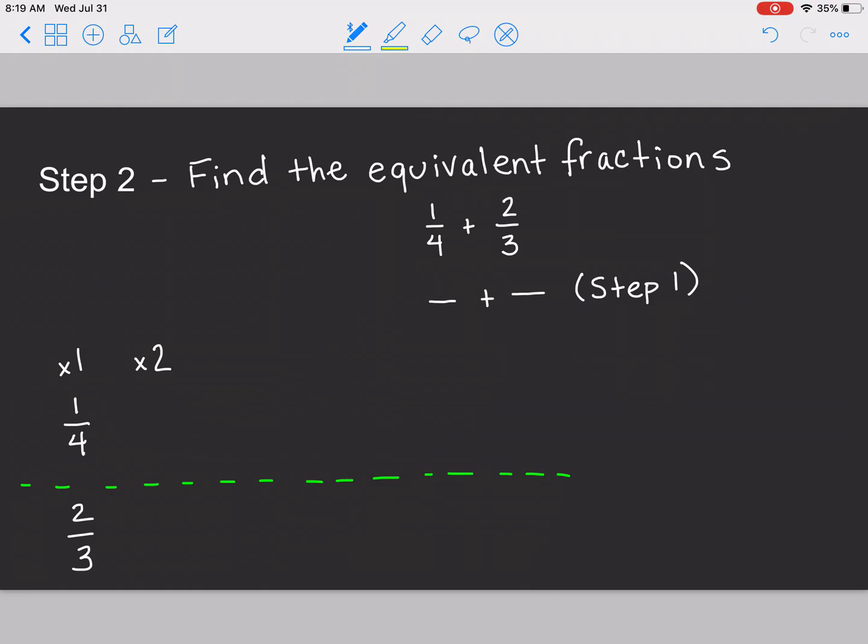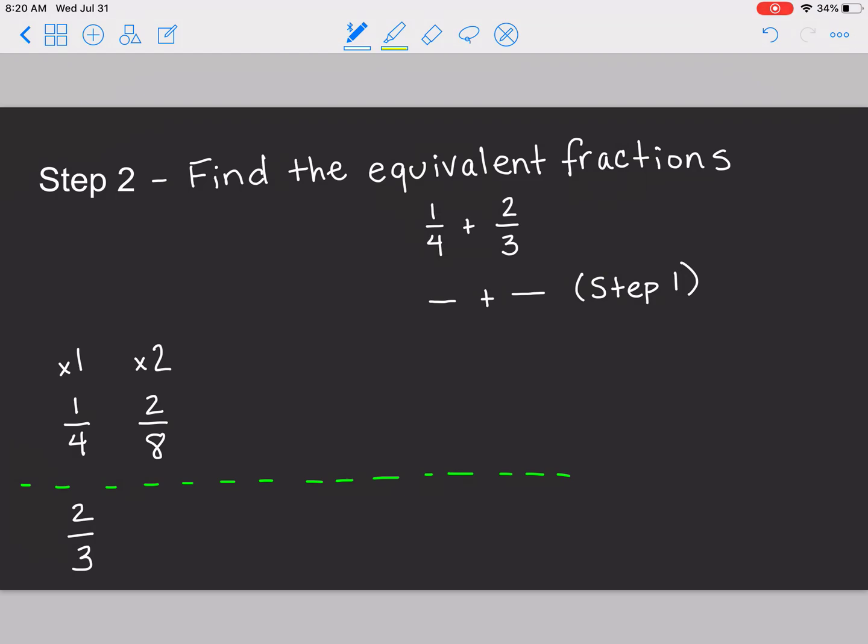Just like I showed you a moment ago, I'm going to multiply both the numerator 1 and the denominator 4 by 2. 1 times 2 is 2. 2 times 4 is 8. So there's my first equivalent fraction for 1/4.